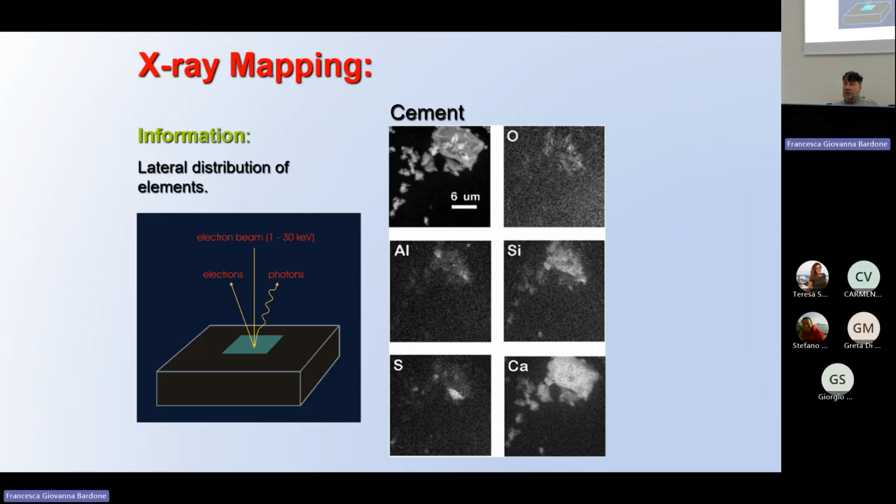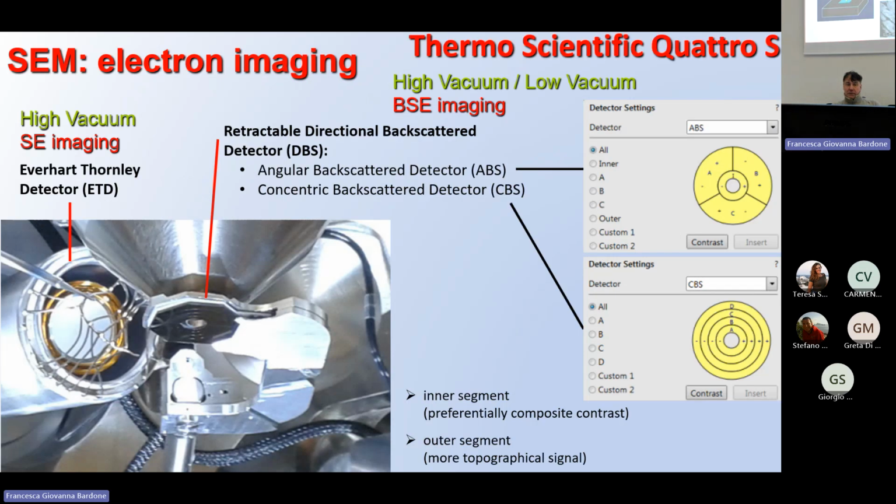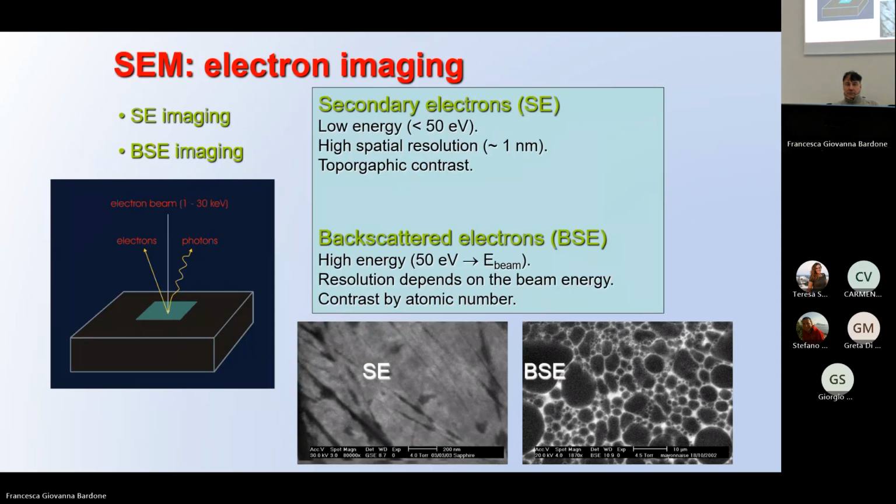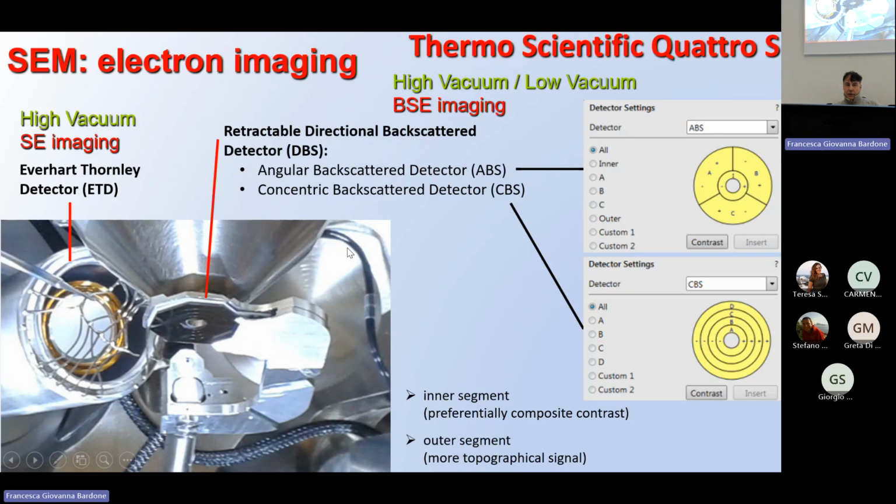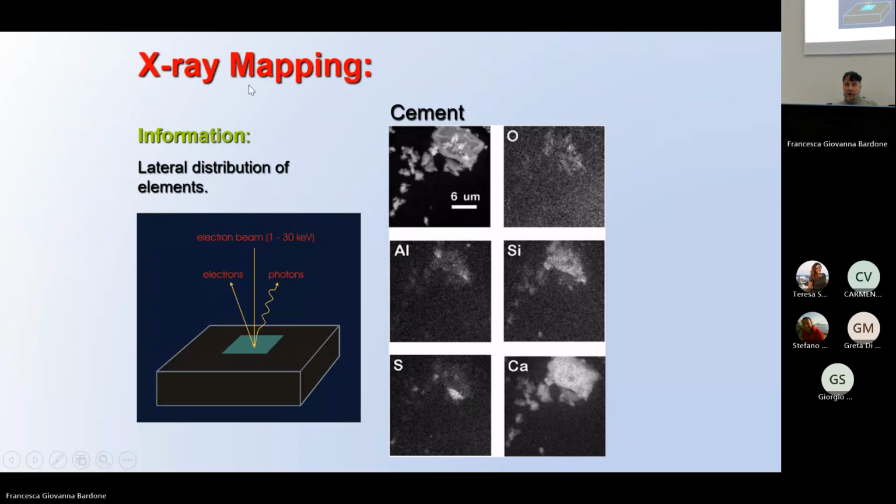The third signal, remember: you hit the surface, you have electrons, but you can also have photons. So the third signal is photons. In which range of wavelengths? In the wavelengths of X-rays.